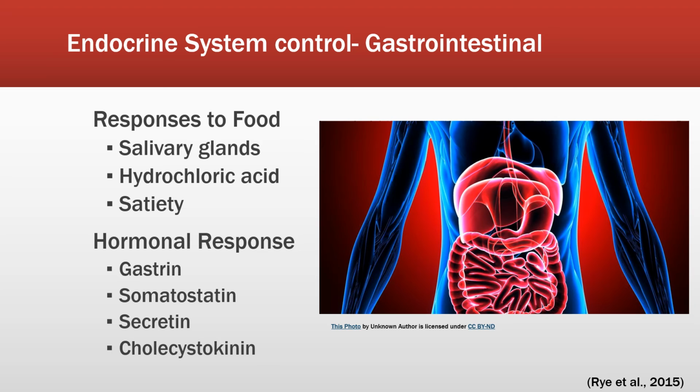In order to neutralize the acidic chyme, the hormone secretin stimulates the pancreas to produce an alkaline bicarbonate solution and deliver it to the duodenum. Along with secretin, cholecystokinin is used to stimulate the pancreas and gallbladder to release bile into the duodenum.